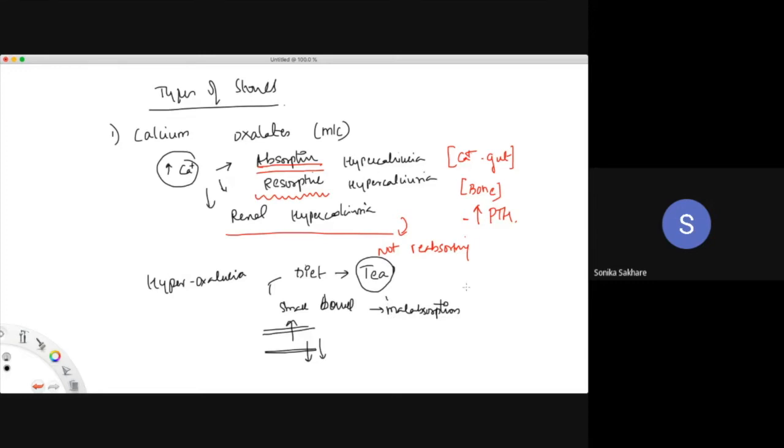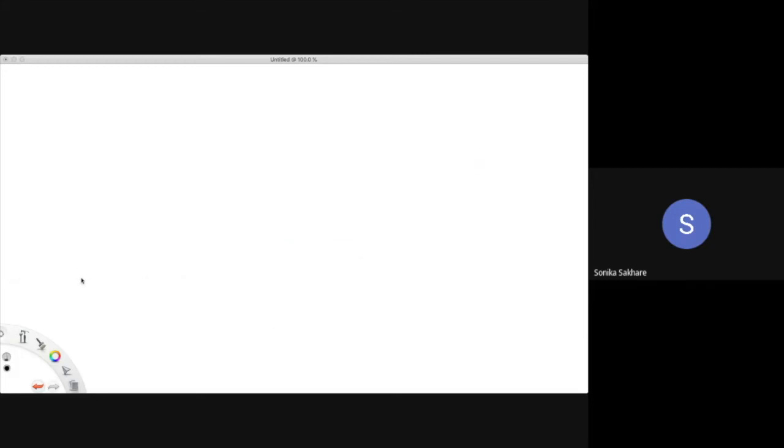It happens in malabsorptive syndromes like Crohn's disease. So here, the permeability of the intestine is more for oxalates. So these are the conditions for hyperoxaluria. Fine. So we are going to have calcium oxalate stones.